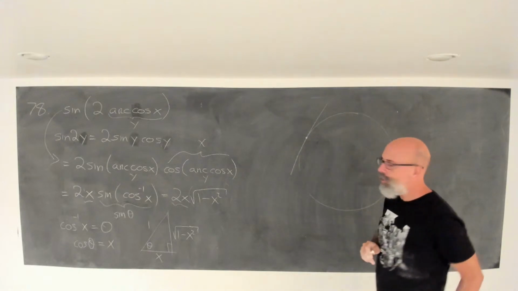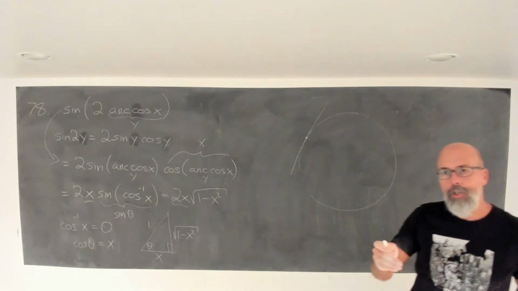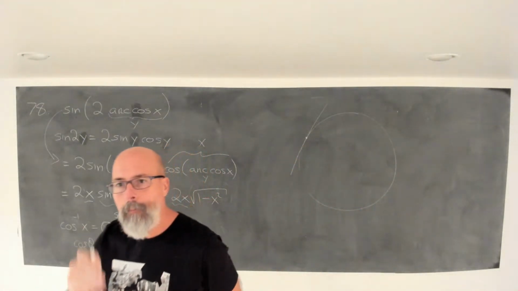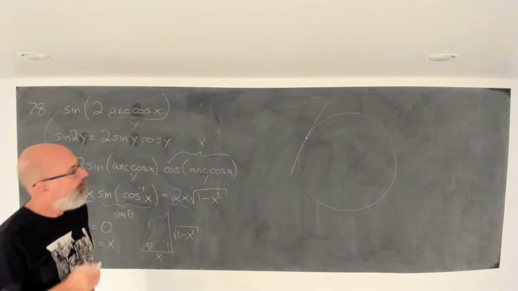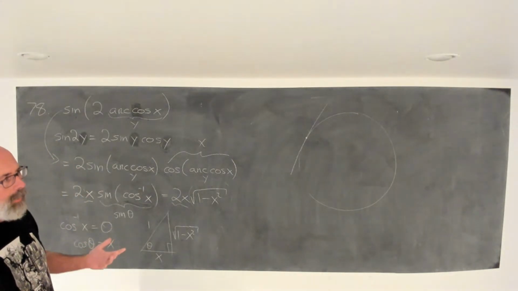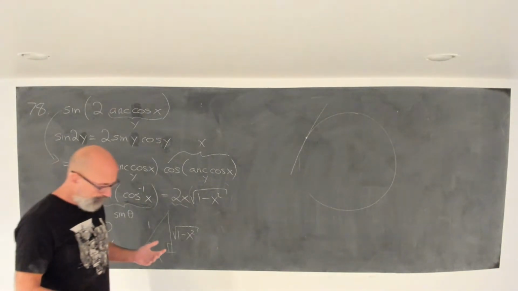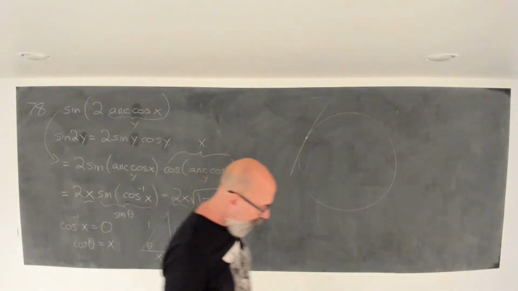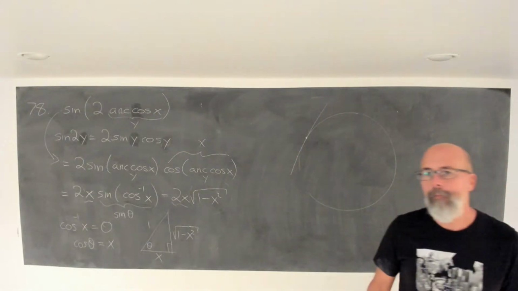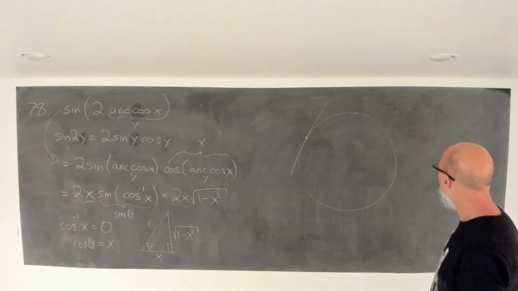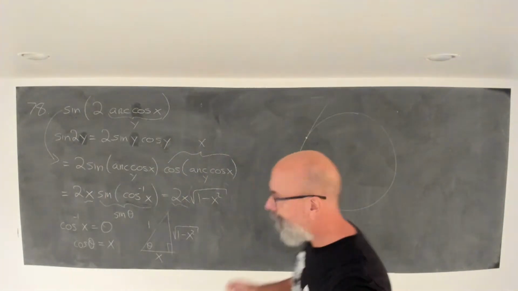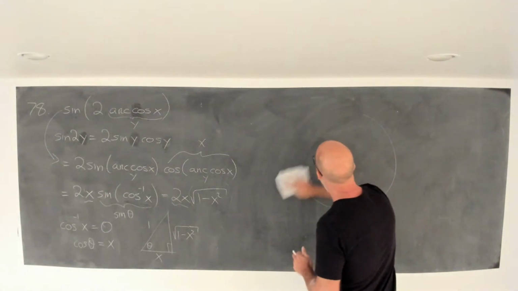A line is tangent to the circle if it touches the circle just at one point. What calculus wants to do is to generalize this idea to curves. So suppose you have a curve. Suppose you have a function.